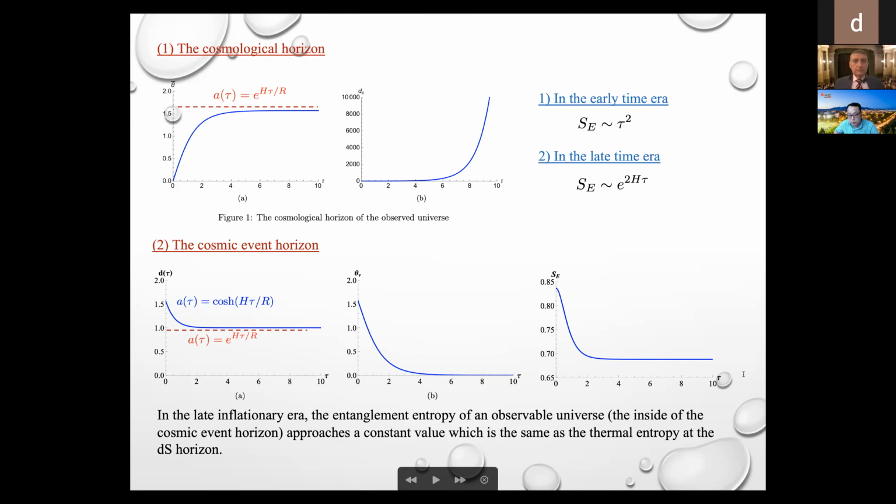Entanglement entropy finally approaches some finite value. This corresponds to the thermal entropy of de Sitter space. So we can see that the entanglement entropy evolves to the thermal entropy of de Sitter space.